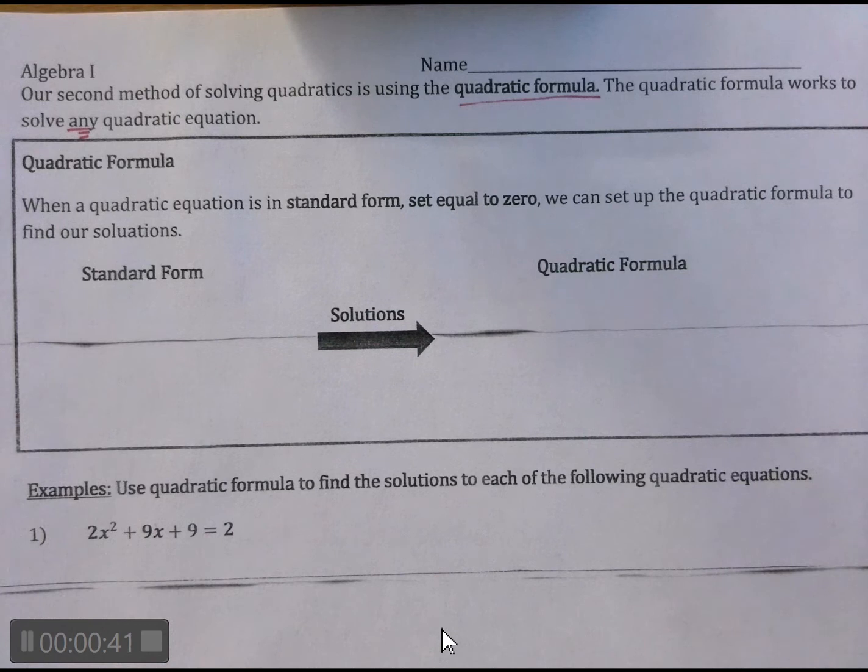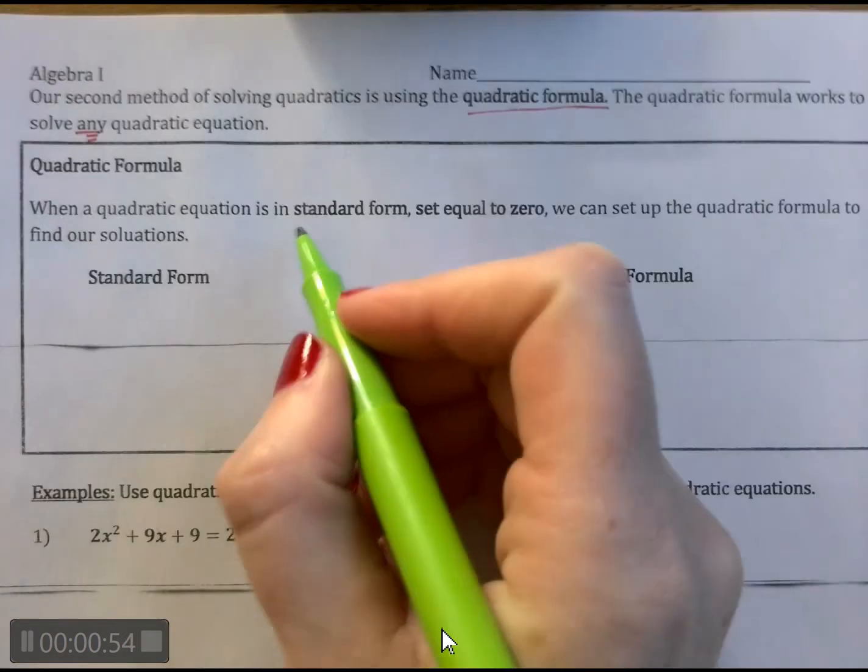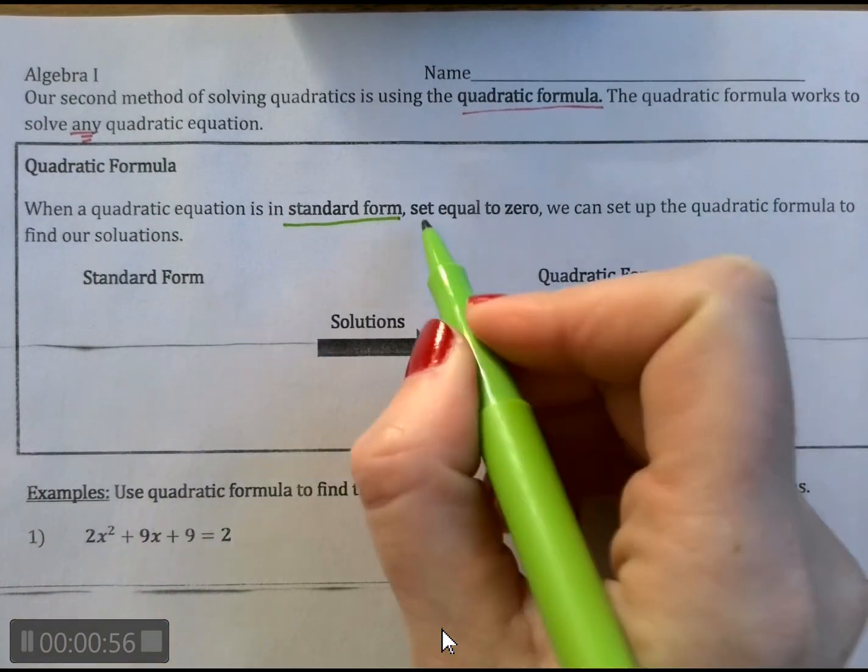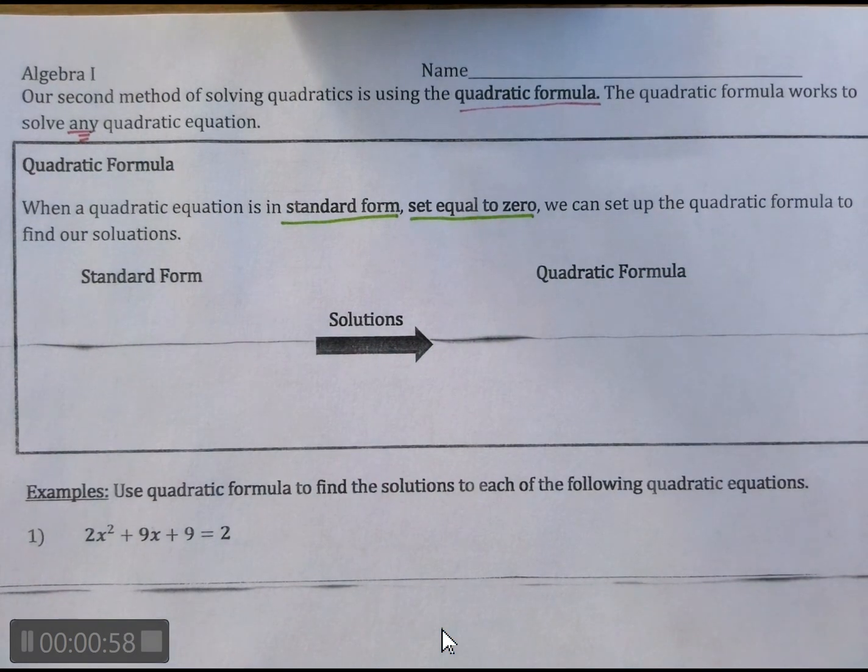Okay? So in order to use our quadratic formula, the quadratic equation must be in standard form and set equal to 0. So standard form, set equal to 0. Alright?